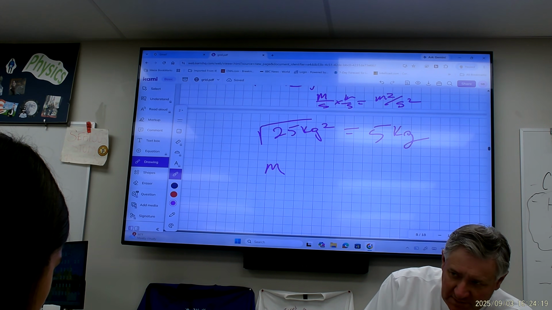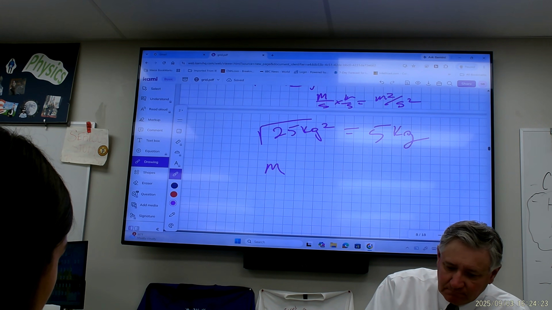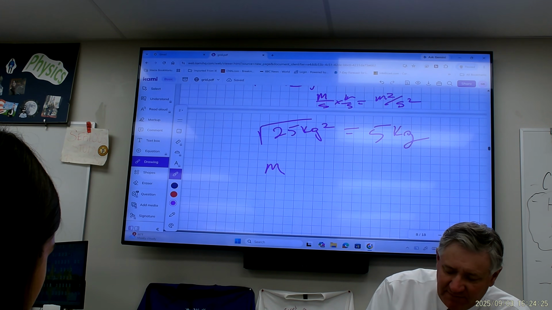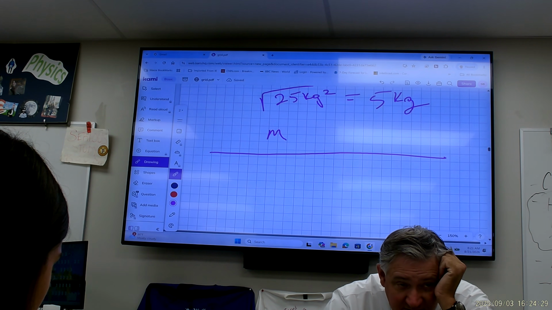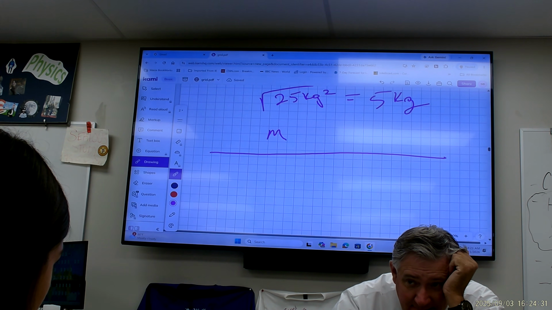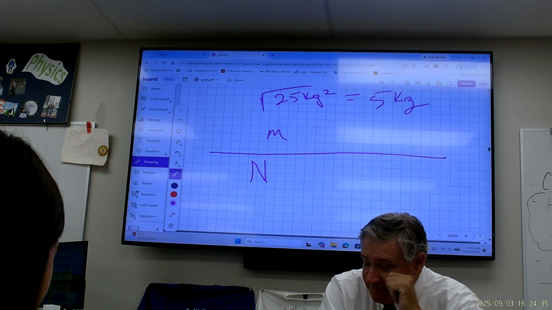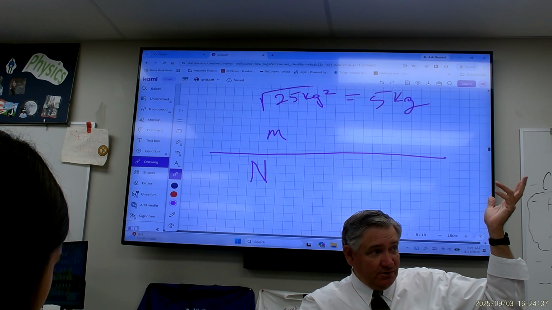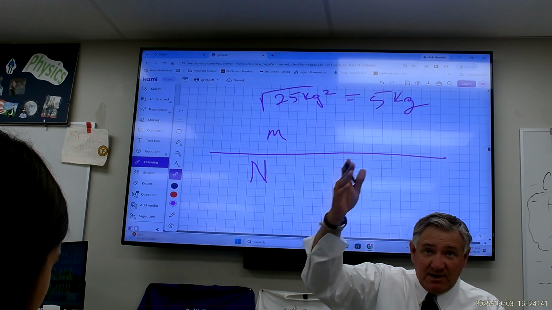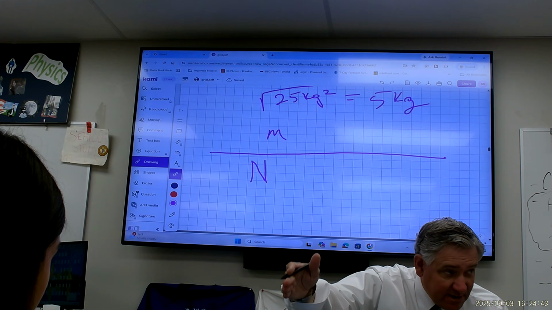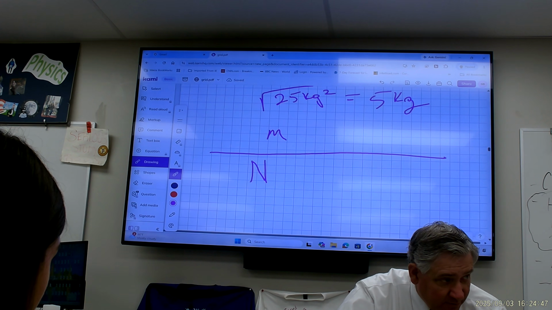Now, on the force side of it, because this is going to be important later on, what are your two options for force? Newton is one of them. Just put a capital N. Now, if you do the smash mouth physics, because force is mass times acceleration, what's the other way you can do force?